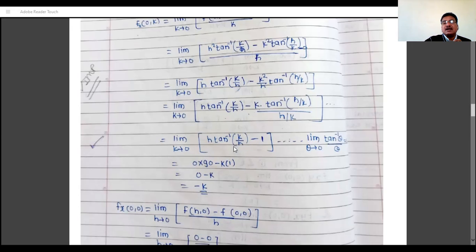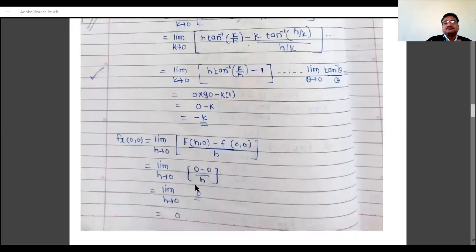So this is 0, 0 into 90 is 0, and limit of k is itself k, and limit of this factor is 1. Correction is there, limit h tends to 0 here, write h. Then the next steps are the same, only write h tends to 0 here. So we have the answer minus k.